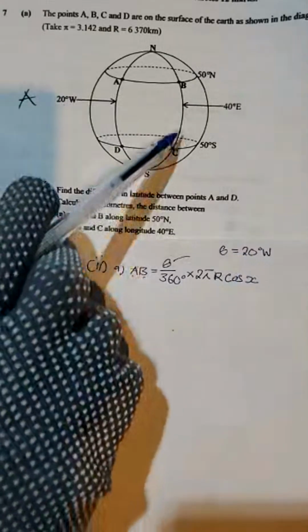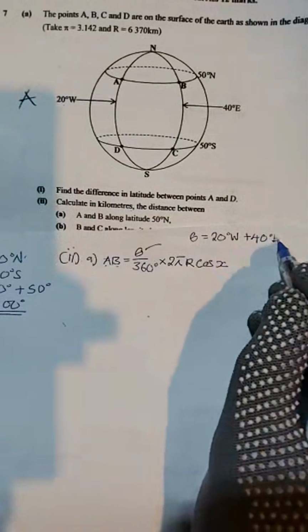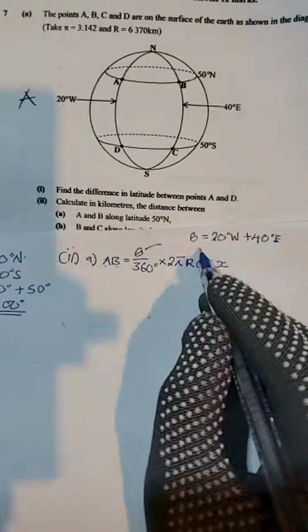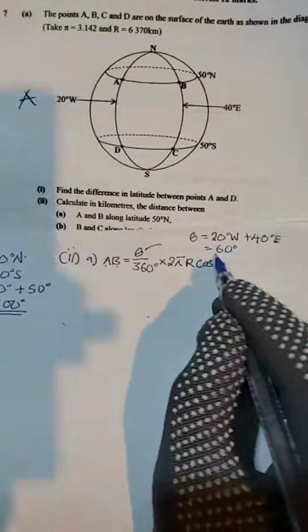Then B is on what longitude? 40 degrees east. So we're going to add, since we are on different hemispheres. 20 plus 40 is 60 degrees.